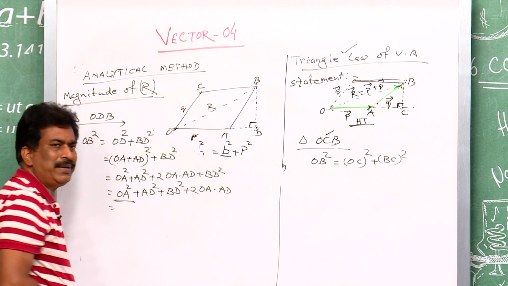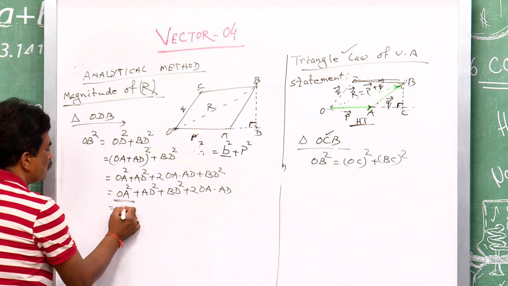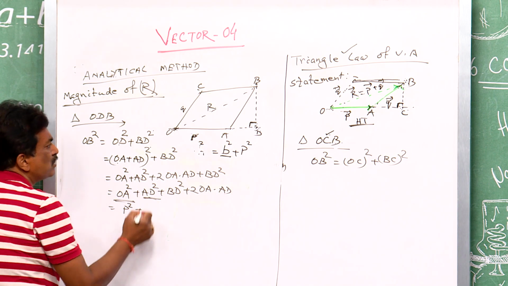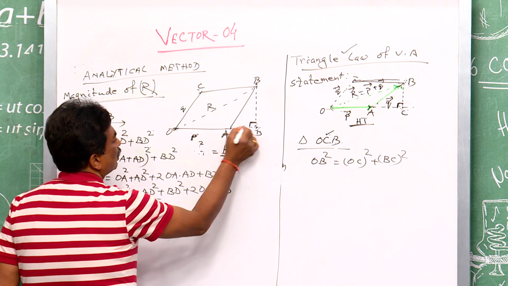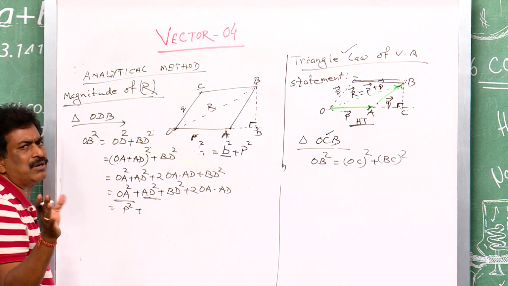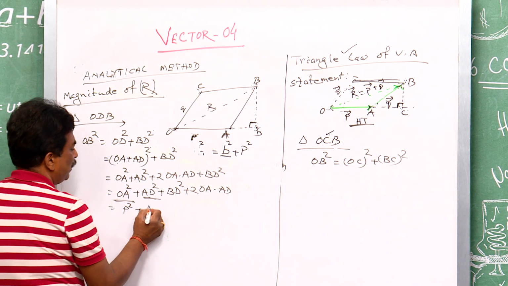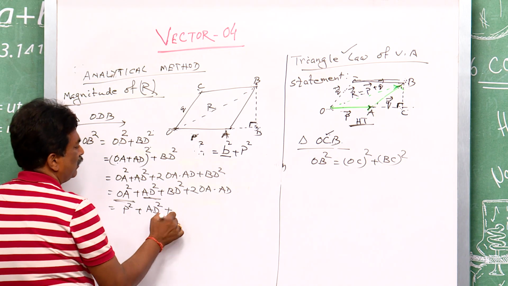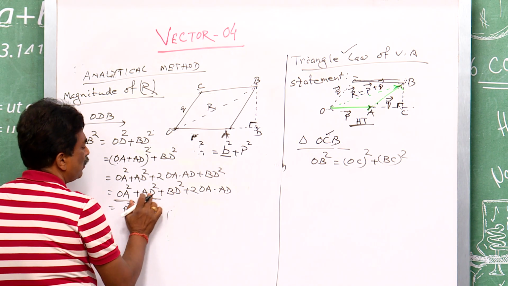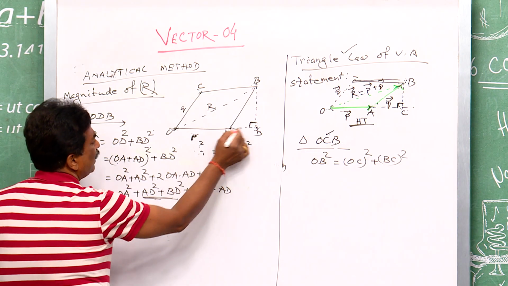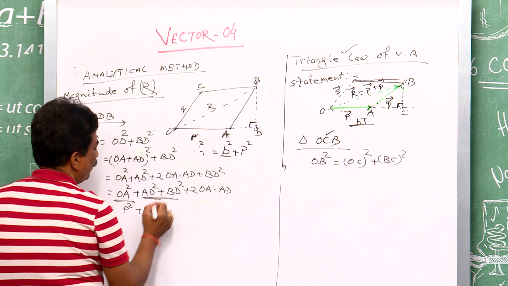So that is P. So this is equal to P square plus AD square. You see, this is AD, that value is not known to us, so that will remain as AD square. Sorry, AD square plus BD square. How much will AD square plus BD square be?